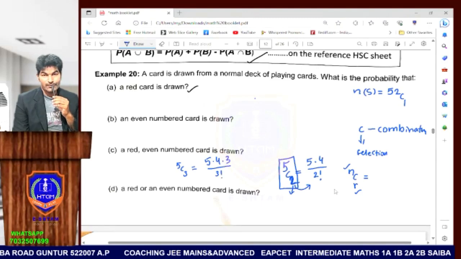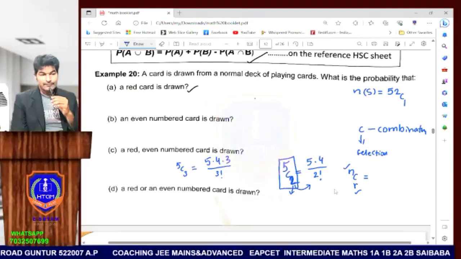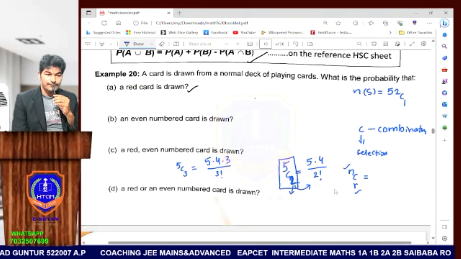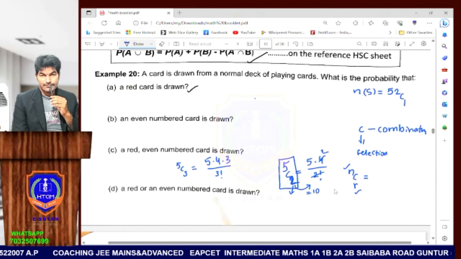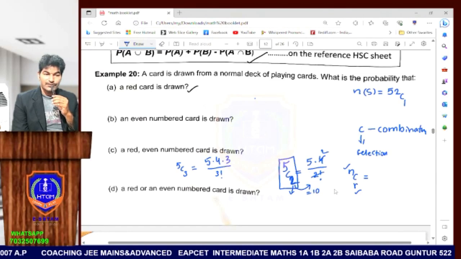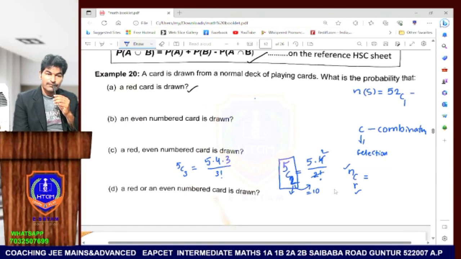Do you know factorial notation? For 5C2, 2 factorial is 2 only. 2 goes into 4 two times, so you have 10 choices. In 10 ways, you can do the selection of 2 mobiles out of 5. So 52C1 means 52 only.